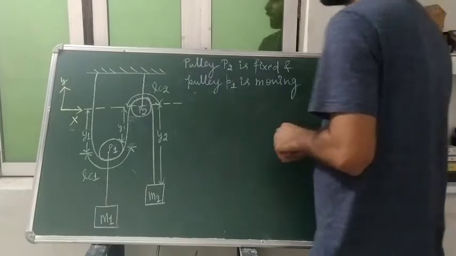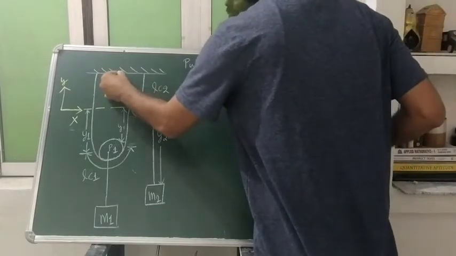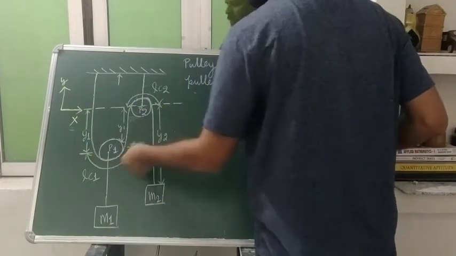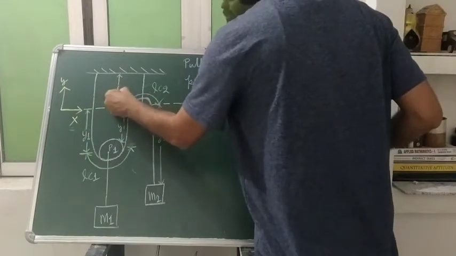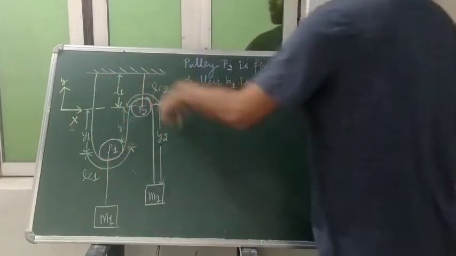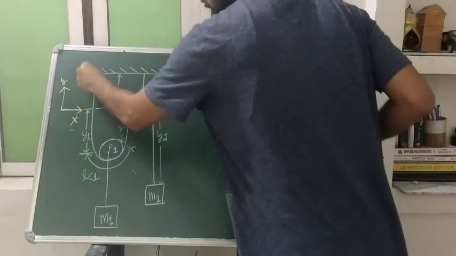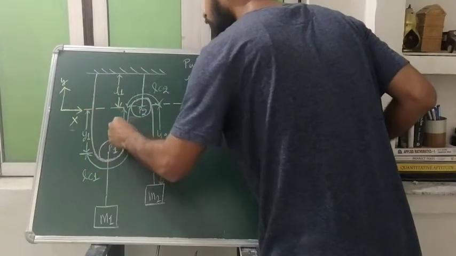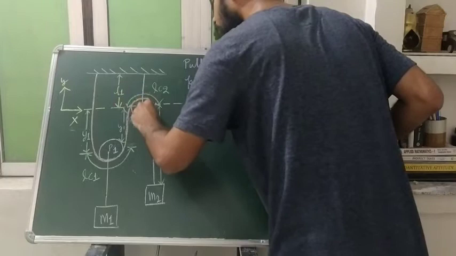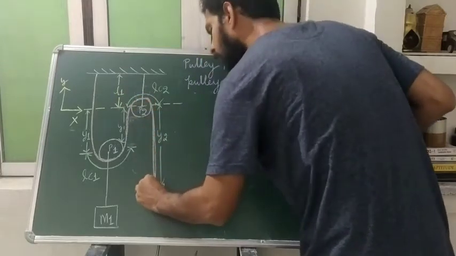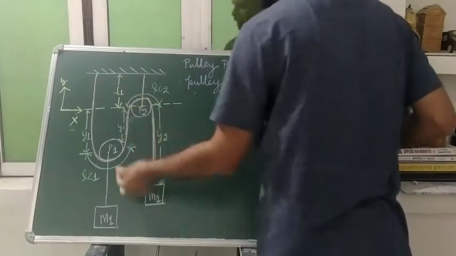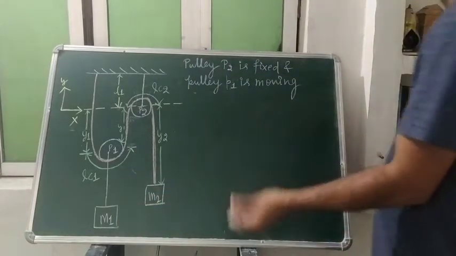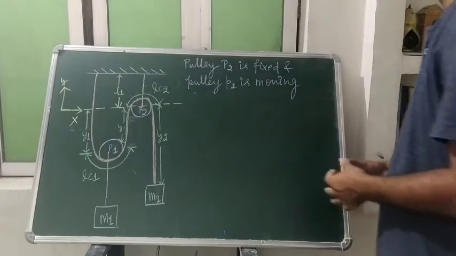And we can say the length of the string present here is something equal to, this one is the first pulley, this one you can say L1 string, this one you can say is your second string, is it? It is the second one, the same string is going over the two pulleys, one is fixed, another one is moving. And with the first pulley, the mass of that block is M1.